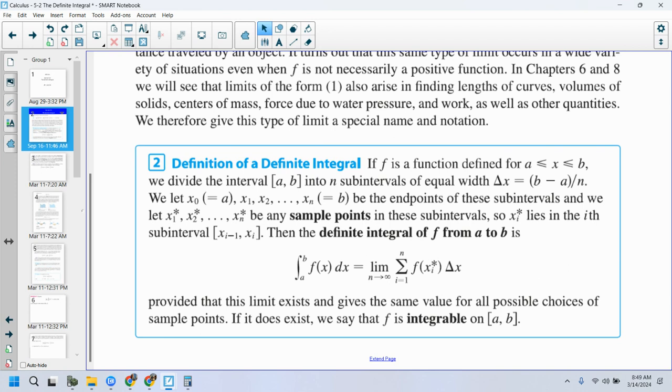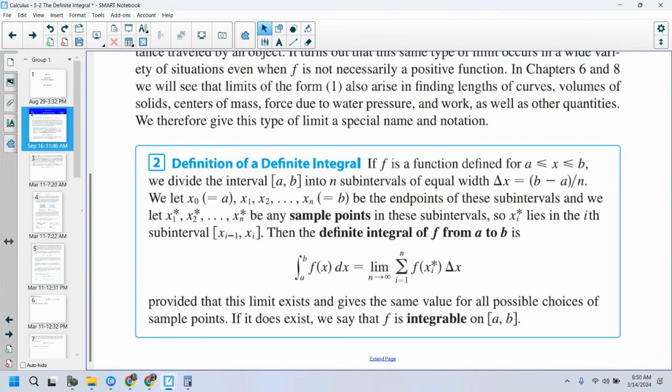So this is our definition of the definite integral. There are going to be two types of integrals. Sections 5.2 and 5.3 deal with the definite integral, and section 5.4 deals with the indefinite integral. The definite integral says I have endpoints, a solid boundary from one point to the next, and I want to find the integral from a to b.